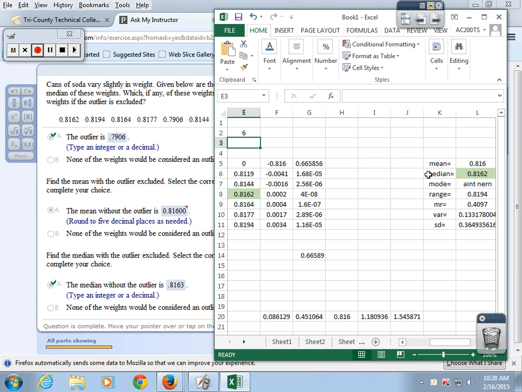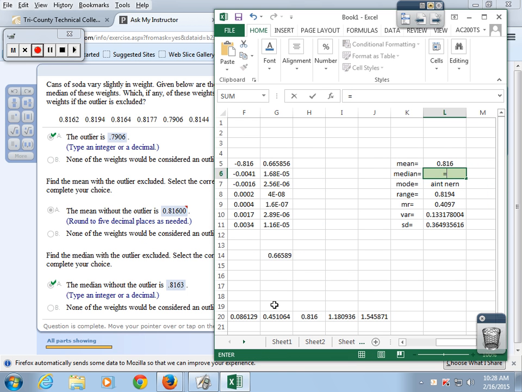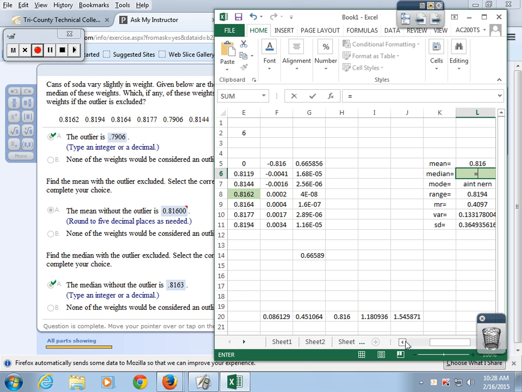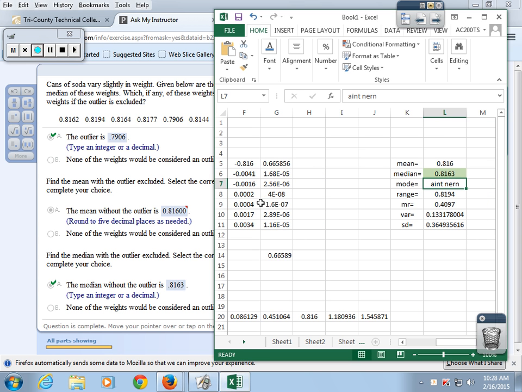Now what is the mean? Look at the mean and the median there. They're very close. Now of course you've got to add these two up, but let's go ahead and do that. Equals parentheses this guy plus this guy divided by 2, okay, 0.8163. So they're even closer.